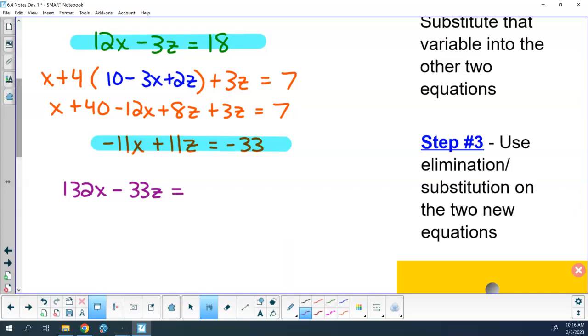What do you got? 198. I would have to multiply the bottom equation by 3.